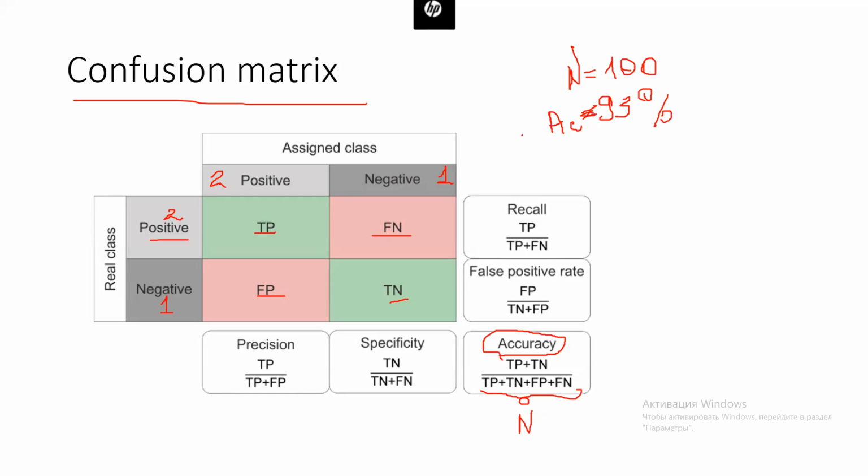Specificity is also popular in medicine, and so is sensitivity.